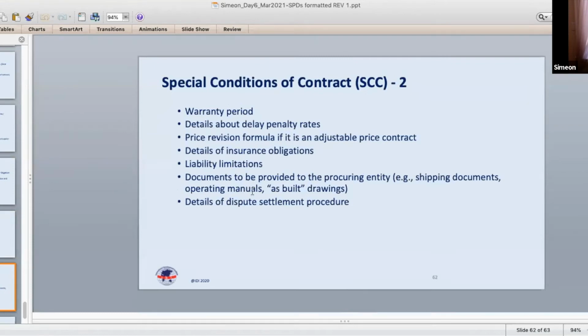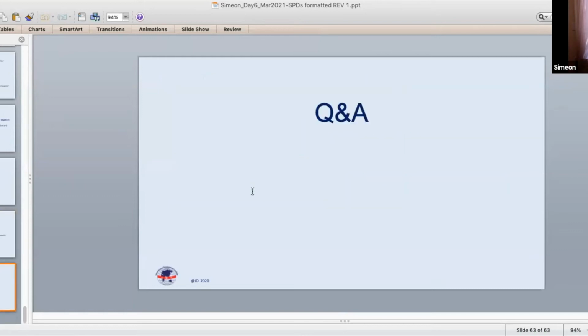For example, what is the rate, the percentage, of the liquidated damages penalty? What is the duration of the warranty period? Limitations on liabilities, details of insurance obligations, stuff like that. All of those can be specified, or should be specified, in the special conditions of contract.